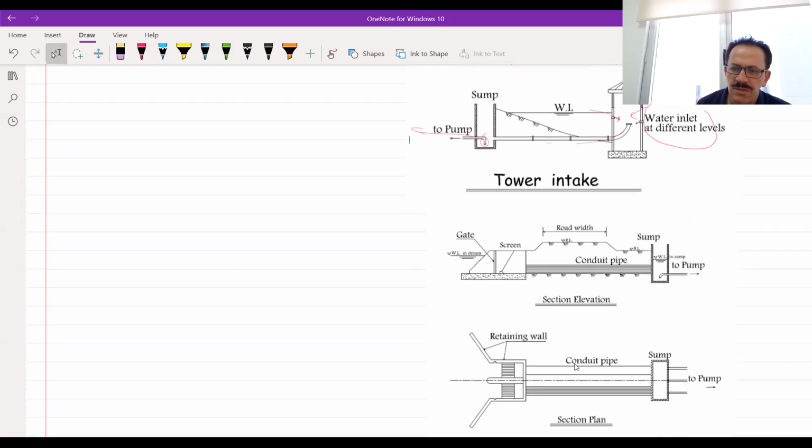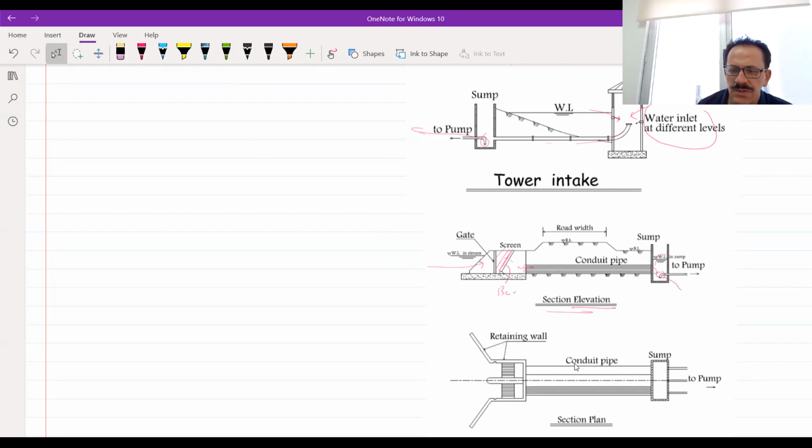Other types of intakes have pipes and this screen. Look at this one. This is a sectional view, meaning this is a section. This is a bar screen. Bar screen means the water is coming in this way, and it will be filtered, and then there will be a pipe. This pipe will deliver water from this intake and put it here.